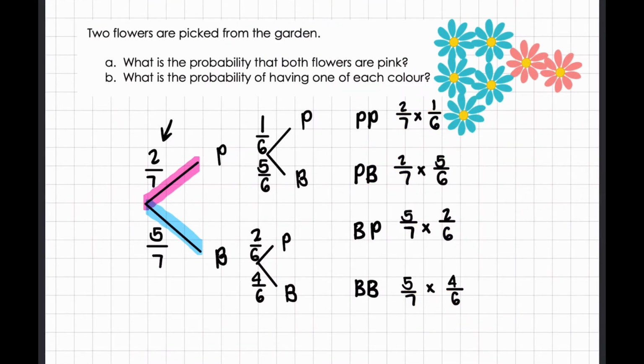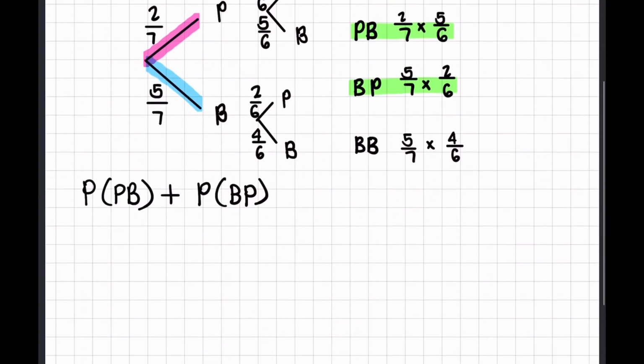So if I'm doing this probability here, I'm going to say the probability of pink and then blue, and I'm going to add it with the probability of blue followed by pink. Now, if I'm doing that, then that means that the probability of pink and blue, I'm going to take them from here and I'm going to fill them in at the bottom here.